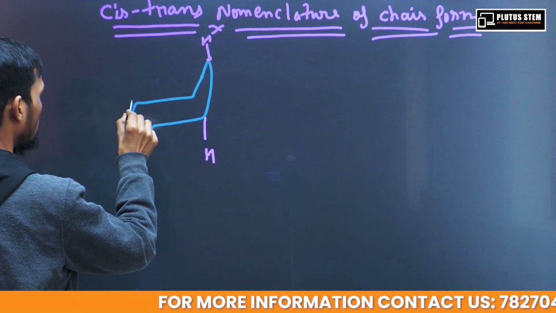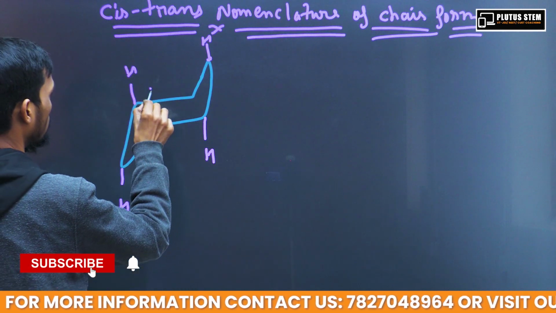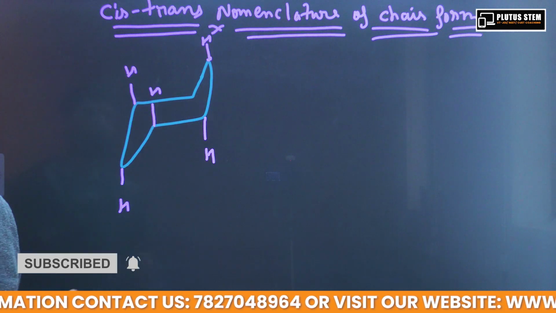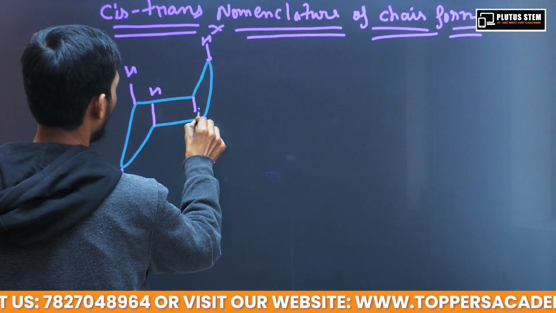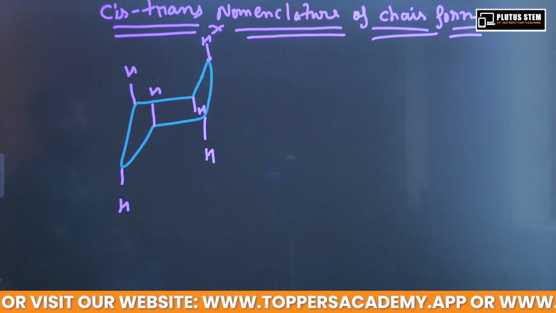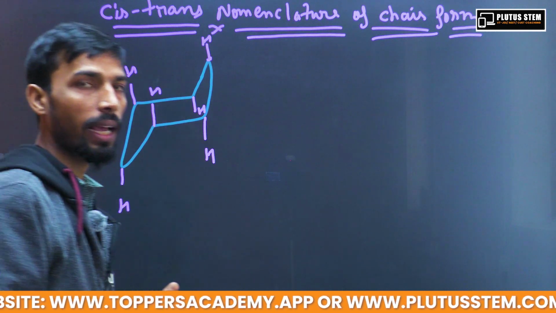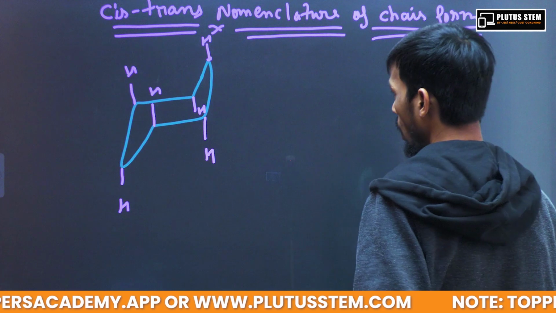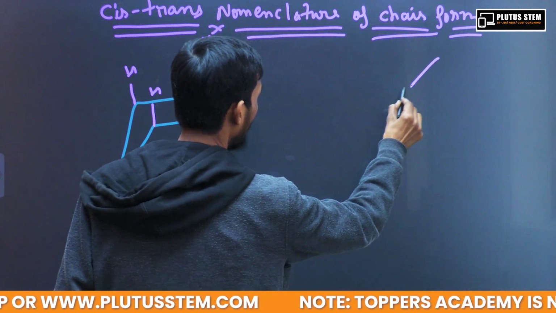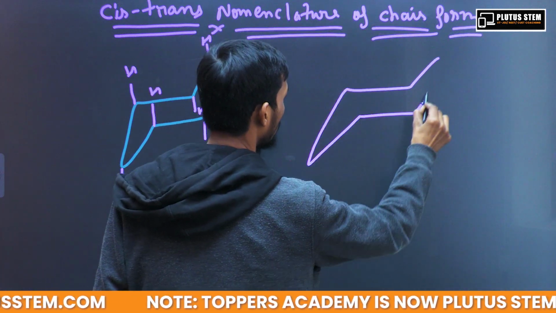I am just drawing fast. So these are axial position, axial hydrogen. I have just drawn over here, and in this side I will just draw the equatorial position.